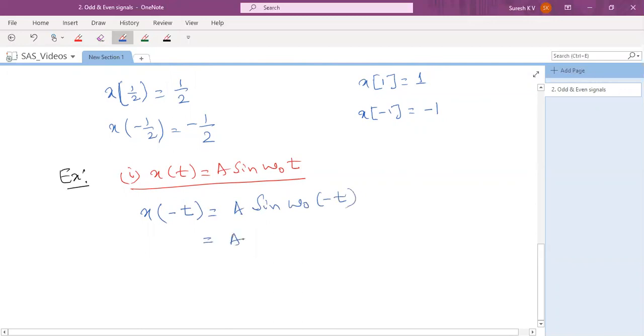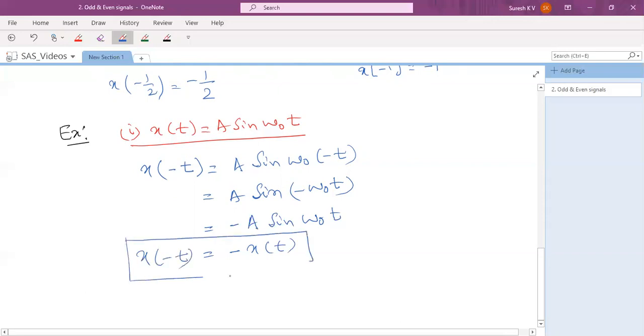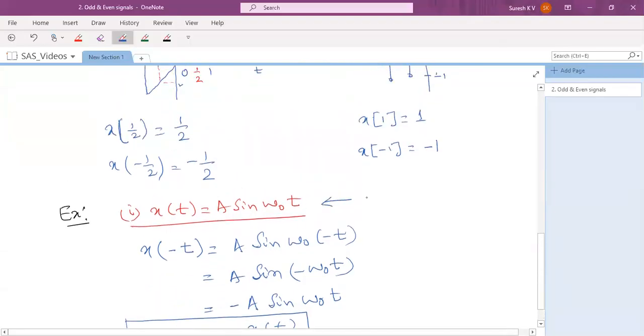This can be written as a sine of minus omega naught t. And all of us know that sine of minus theta is minus sine theta. So this will be minus a sine omega naught t, and this is minus x of t. So it is proved that x of minus t is equal to minus x of t. That means the sine signal is an example for an odd signal.